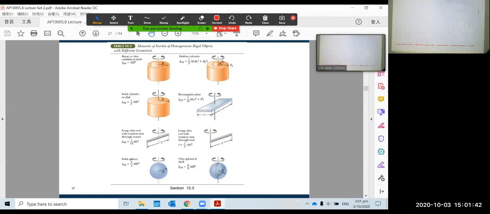Well, some of you ask why there is a difference between a shell and a solid. It is related to the distribution of the mass. In the case of a shell, you have all the mass at the furthest possible distance from the center of rotation.